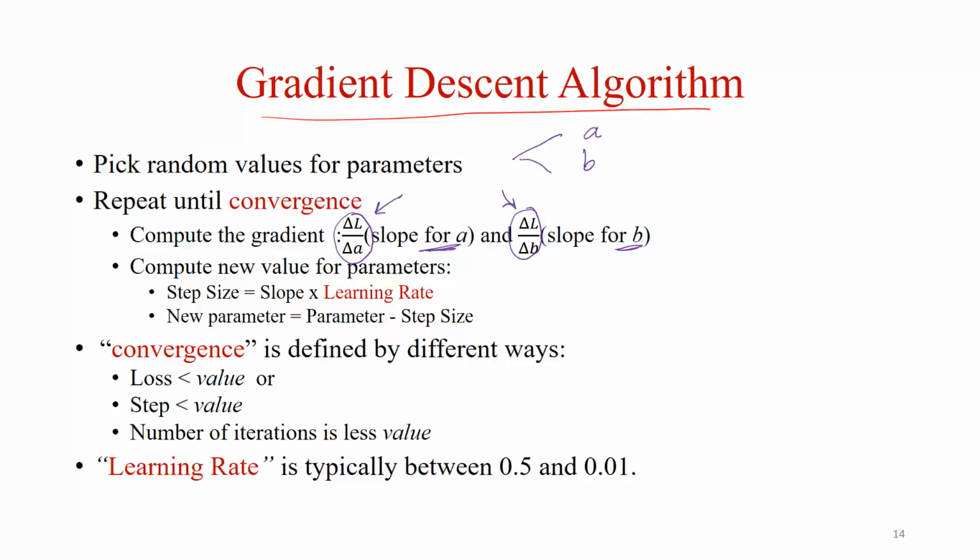We compute those slopes, and then I update the parameter, either A or B, based on the old value minus the step size.